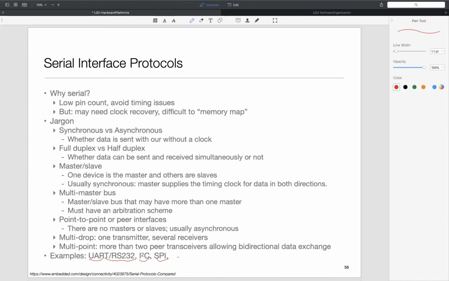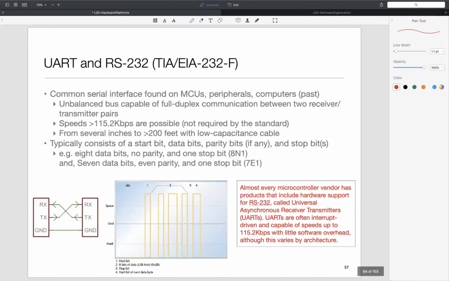Okay, I2C and SPI. Almost every microcontroller will have a UART, even if it doesn't have the others. It's very, very common. In synchronous mode, you can go up to a couple of megabits per second, and up to a few 100 feet.